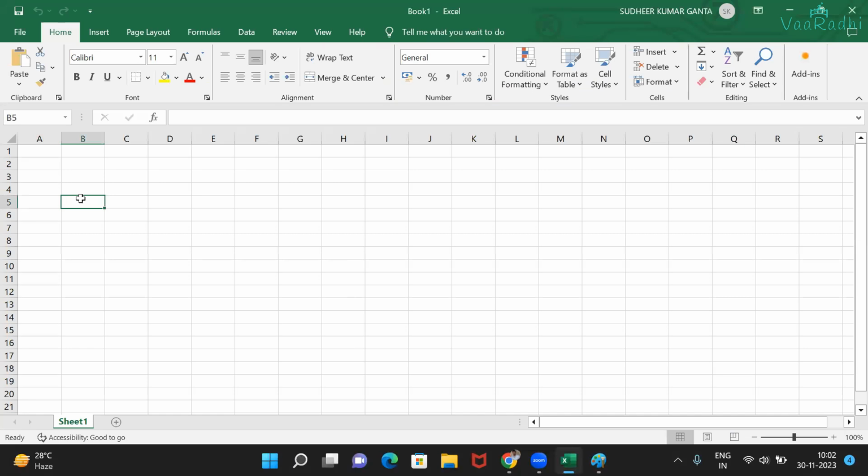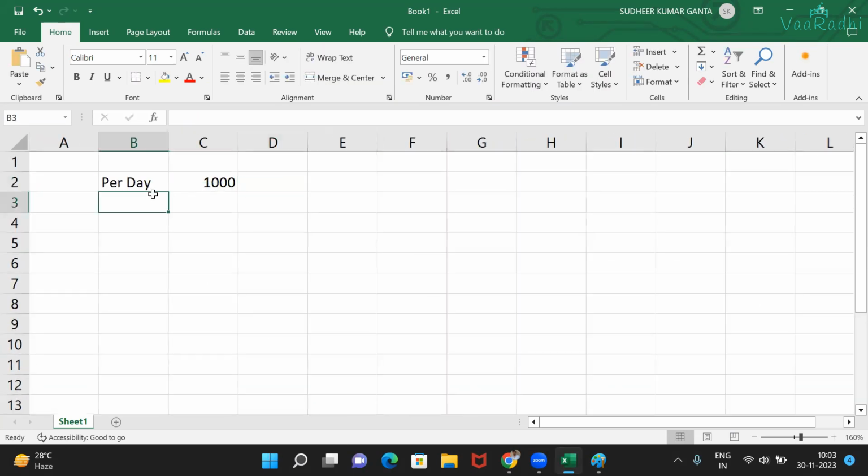So earlier we took an example of maintaining retail store sales transactions as part of a book. And what was the count that we took, guys? Per day, 1,000 transactions. So per month, what will be the count? 30,000.